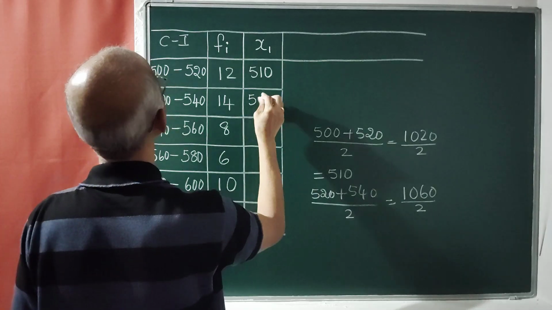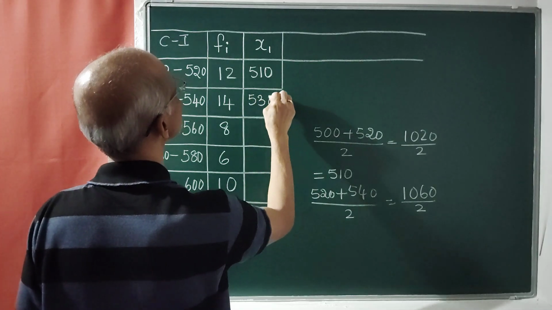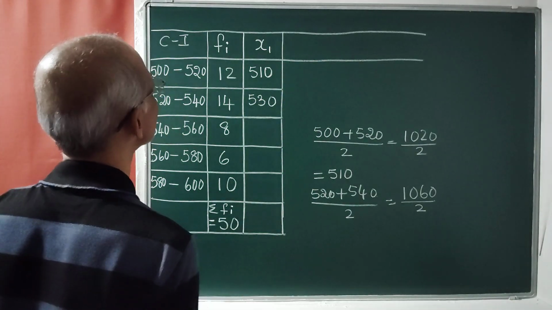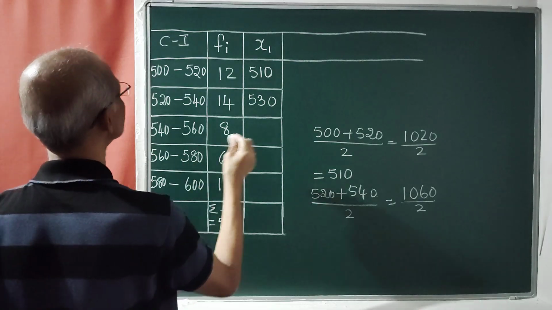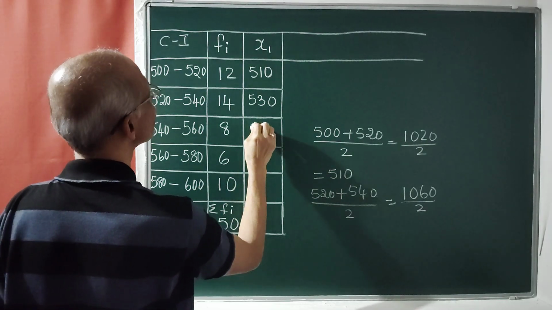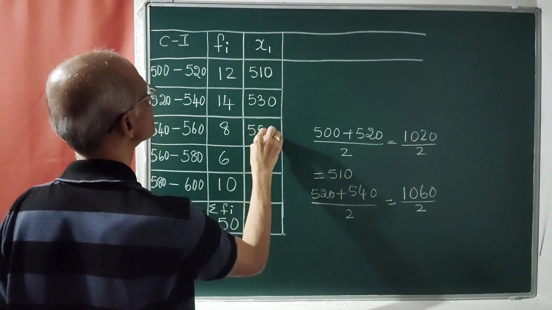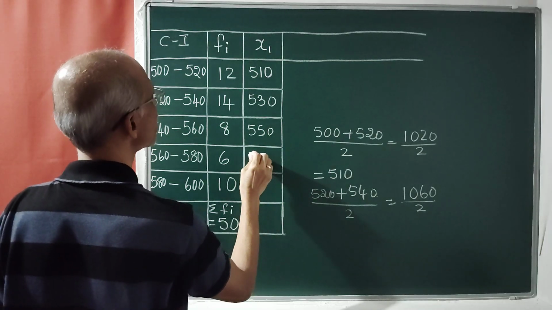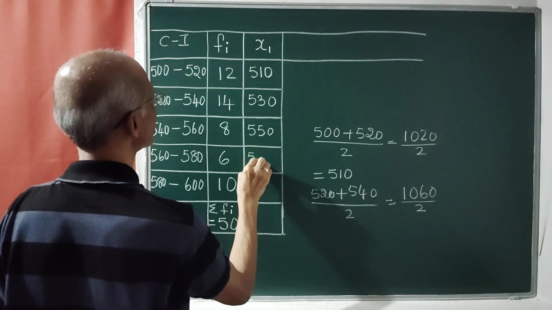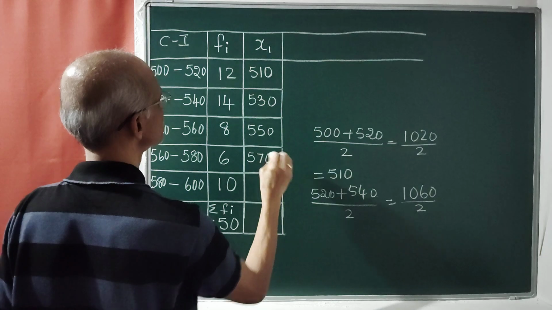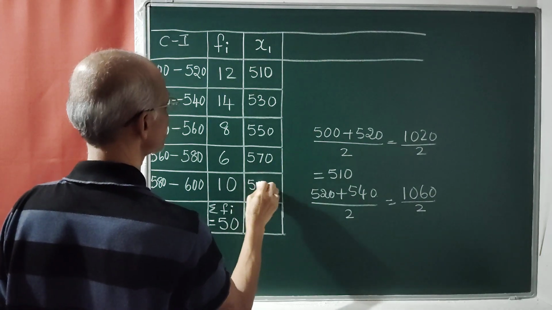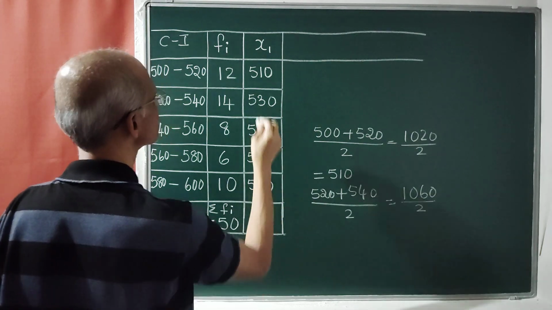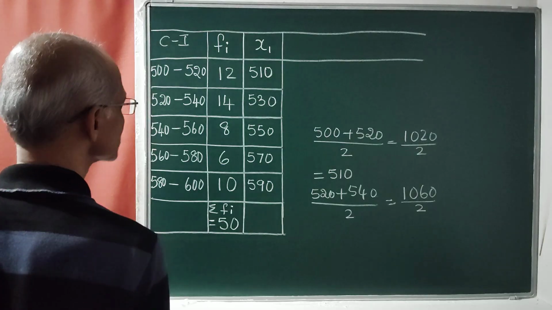So 530. And we can write the remaining ones the same way. It will be 550, 570, 590. They are the class marks.